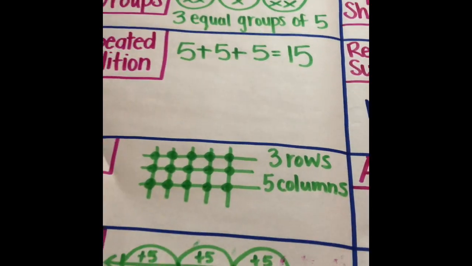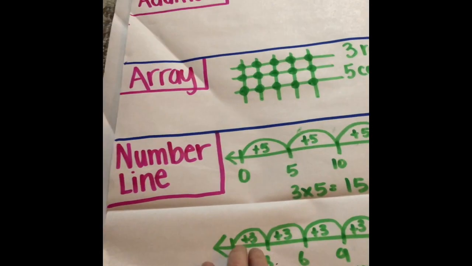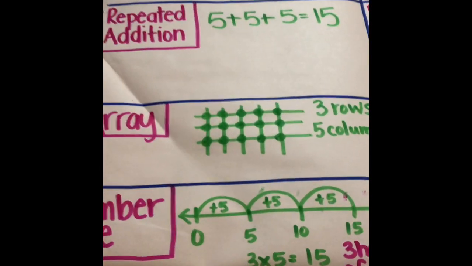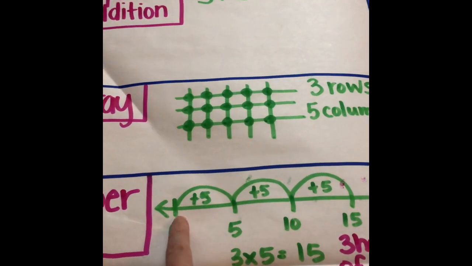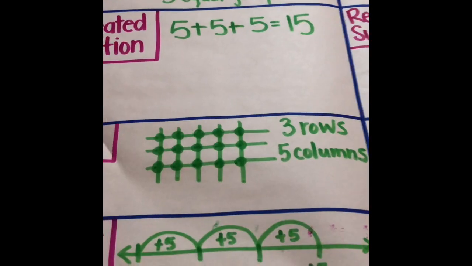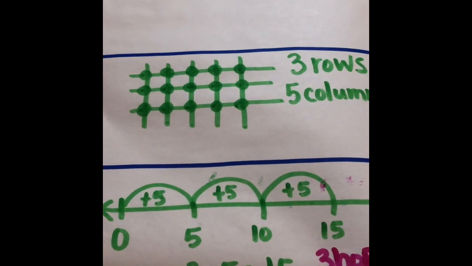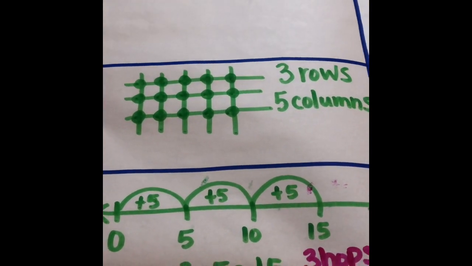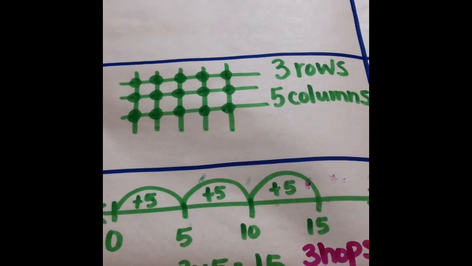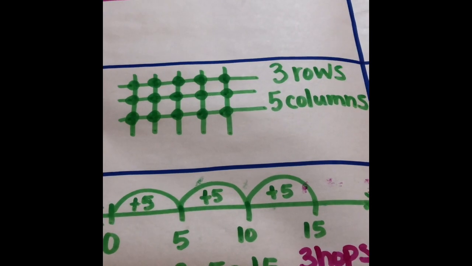The next strategy that we have is our number line. So if you remember number lines for multiplication, we had some little hops. So I went ahead and I did both versions of our equation because I want to show you what that looks like in division. So if I have 3 times 5 equals 15, I know that I usually take my first factor, and those are my numbers of hops.